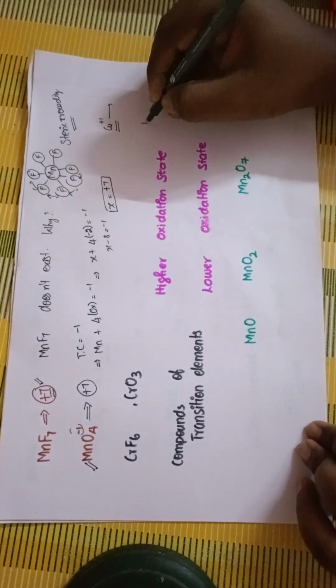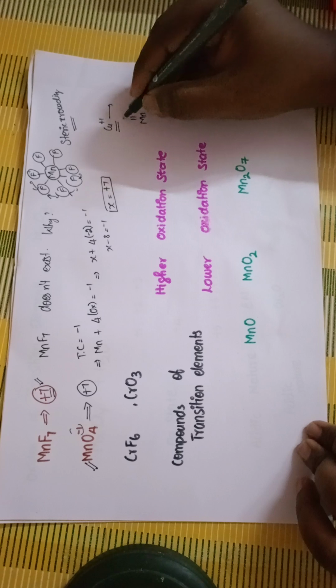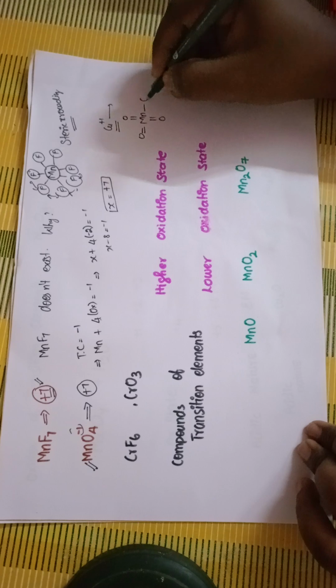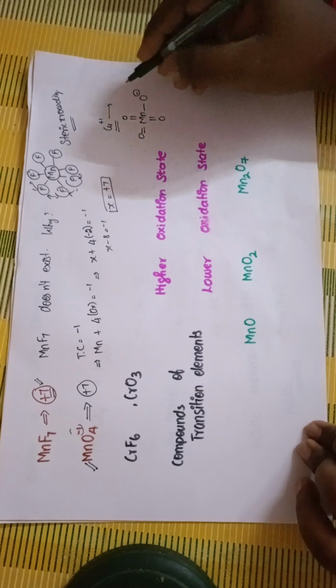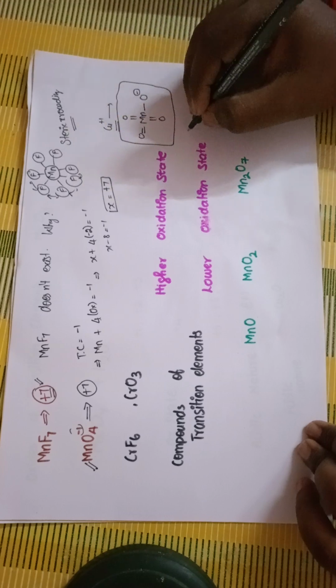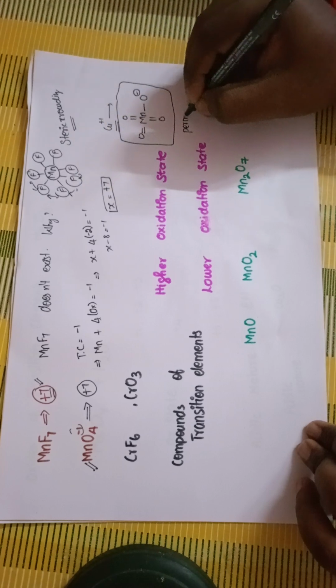The structure of MnO4 minus is the permanganate ion.